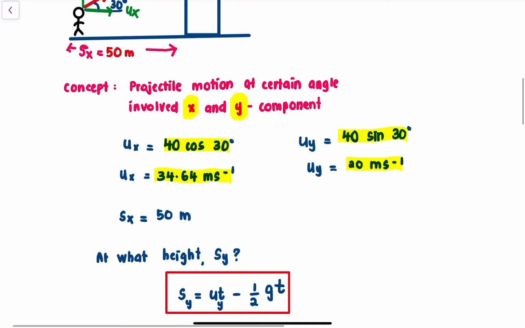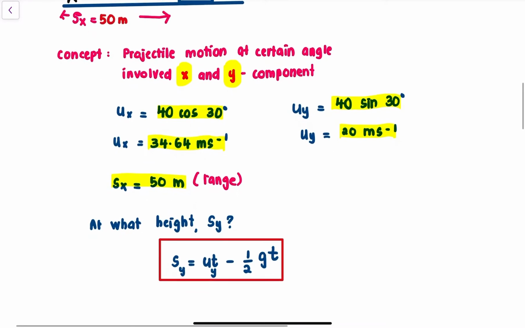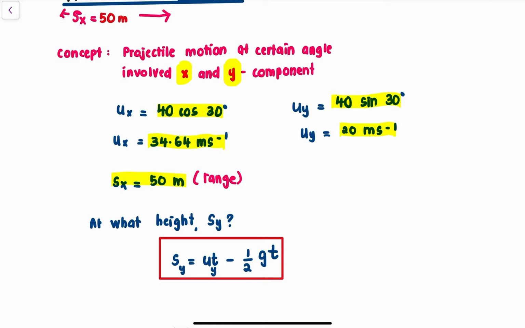And then using the value of range, sometimes we call this value the range, or sometimes the horizontal distance. Now the idea is we want to determine the height.